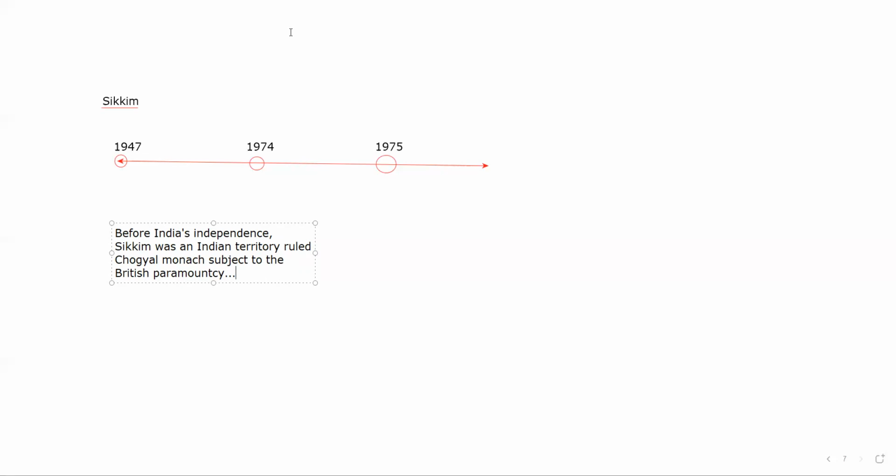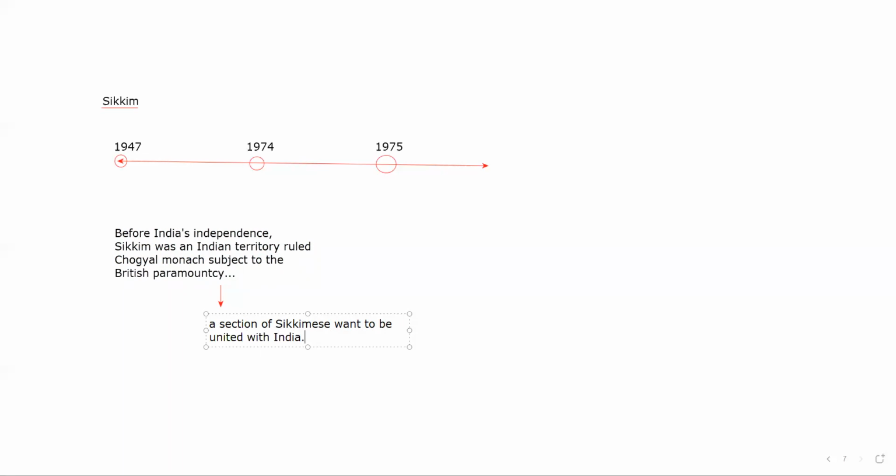So now what was there? There was a sentiment among the people of Sikkim that the state should be merged into the Indian Union. A section of Sikkimese wanted to be united with India.